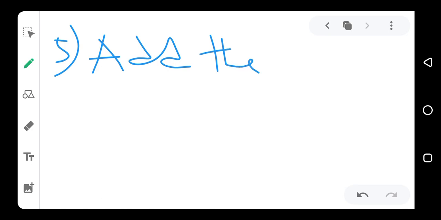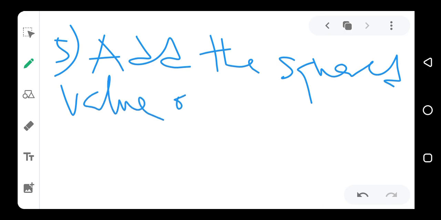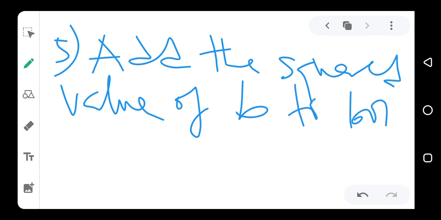If we add it to the left hand side, we remove the original value that contains b. For instance, add the squared value of b to both sides.